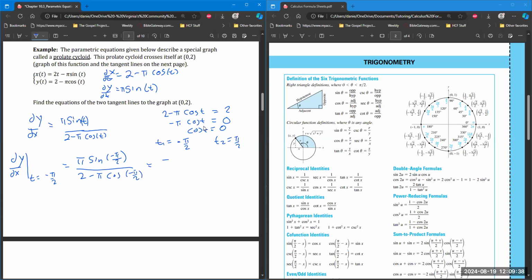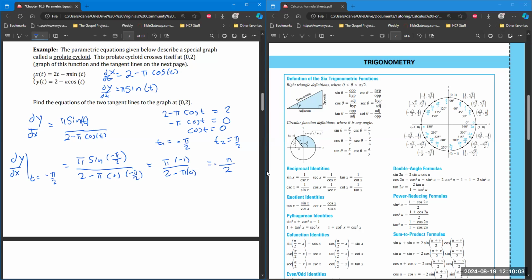Pi times sine of negative pi over 2 is a negative 1. 2 minus pi times cosine of negative pi over 2 is 0. So this is negative pi over 2 minus 0 is 2, or negative pi over 2 for my slope.